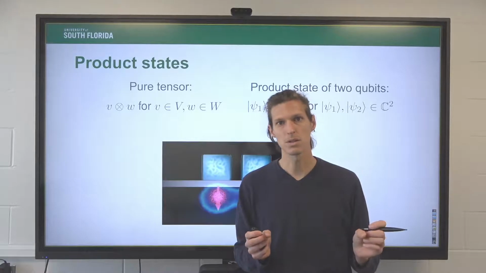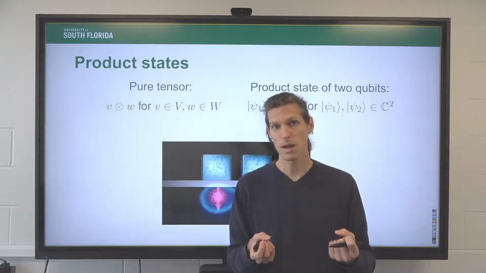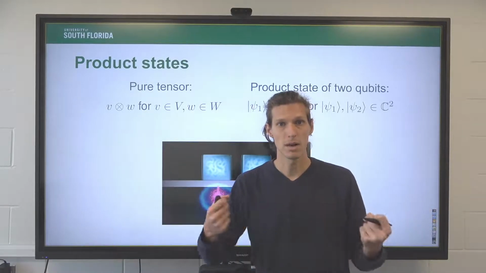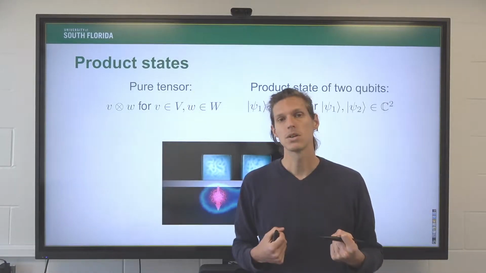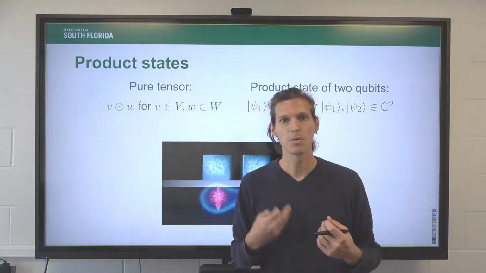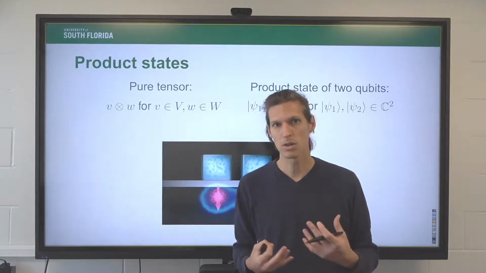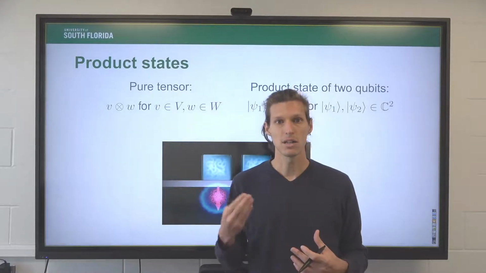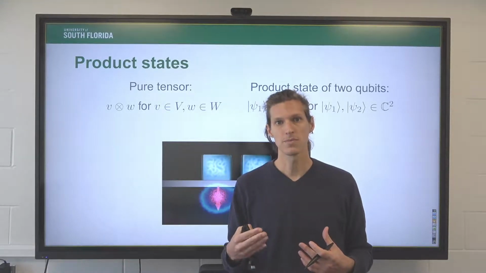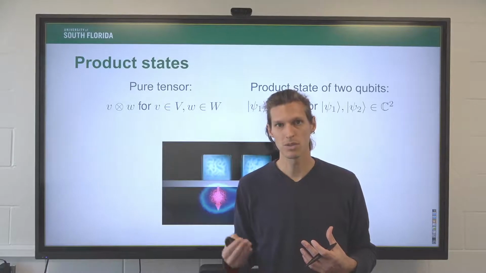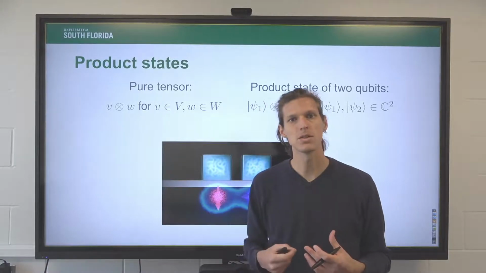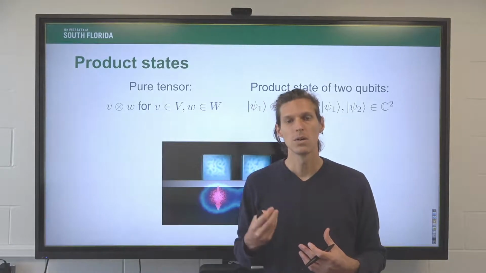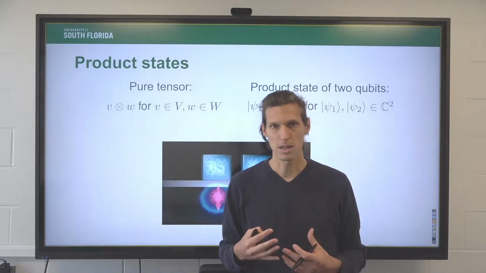This describes a system made of two particles that are not interacting with each other, so this is the simplest kind of system we're going to be dealing with. But of course, much like elements of tensor products not all being pure tensors, not every state is going to be a product state. We're going to see in a minute what it means to not be a product state.